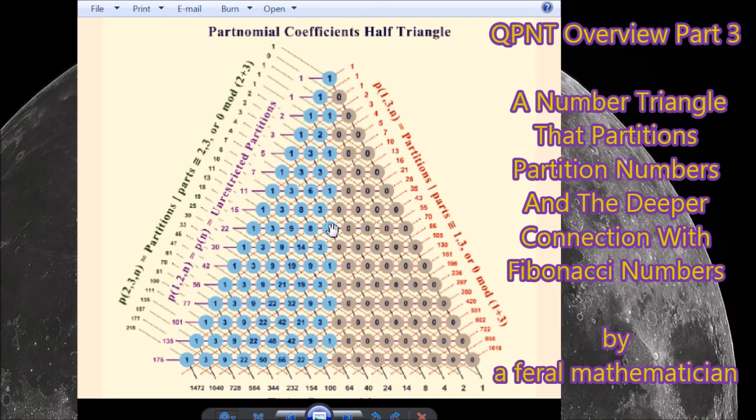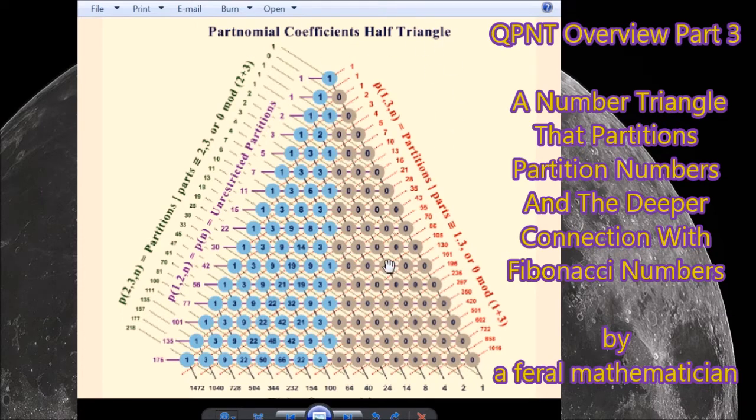Whatever points are intersected by those lines, you add them up, and that gives you the answer to your function.